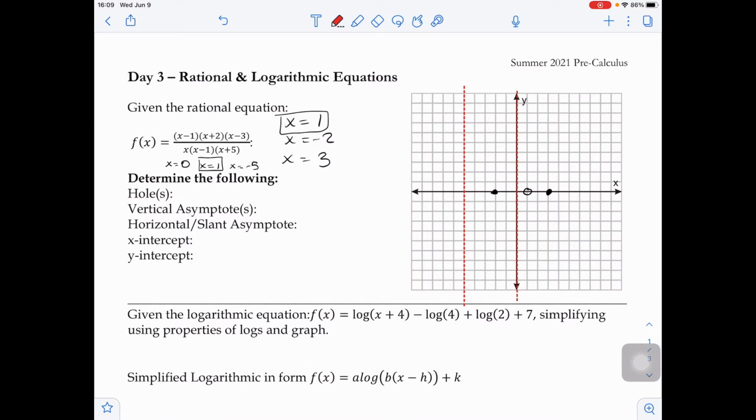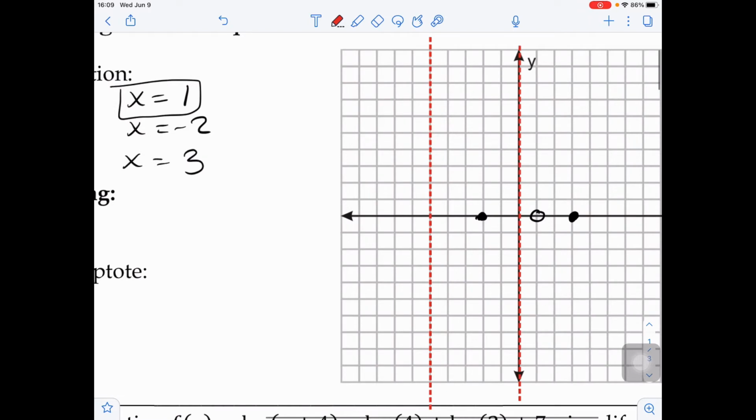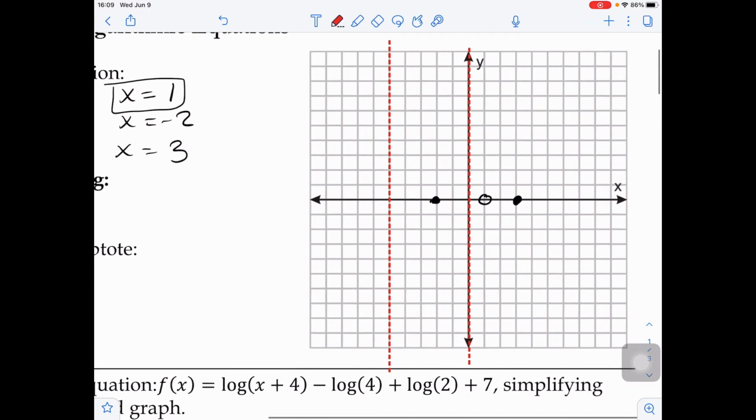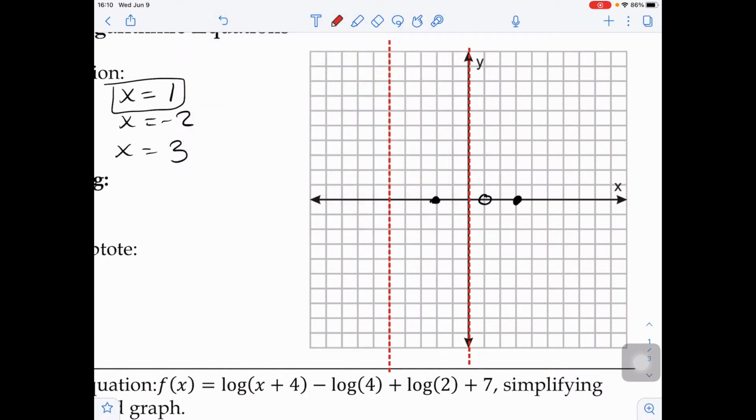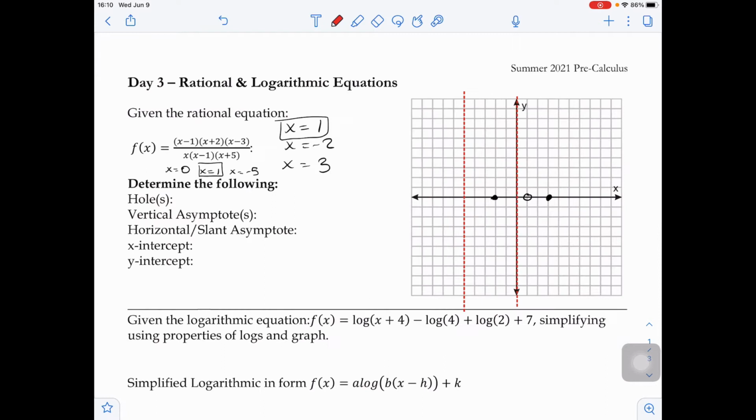And then we can just plug in values to see from which side it's approaching the asymptotes.